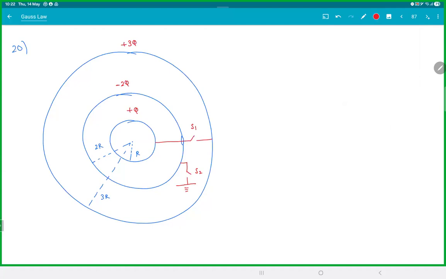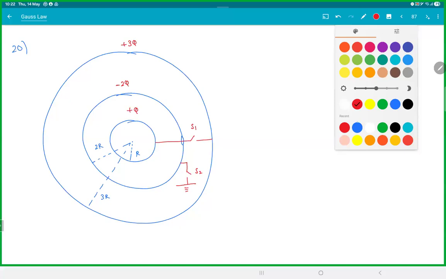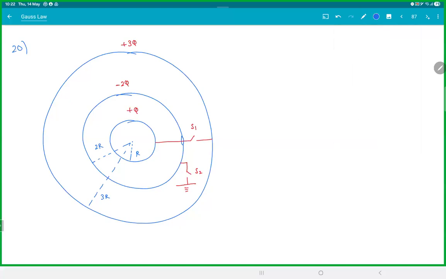Now, this could be a good matrix matching question. They can say S1 is closed, S2 is open, S1 is open, S2 is closed. They can do all that. Let's find the charge distribution when both the switches are closed. This is a concentric conducting shells.